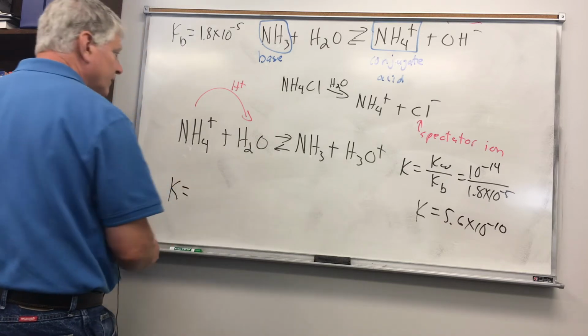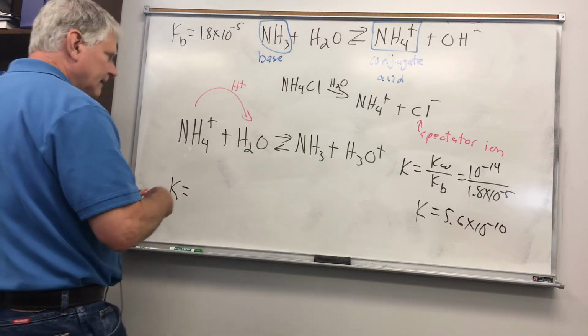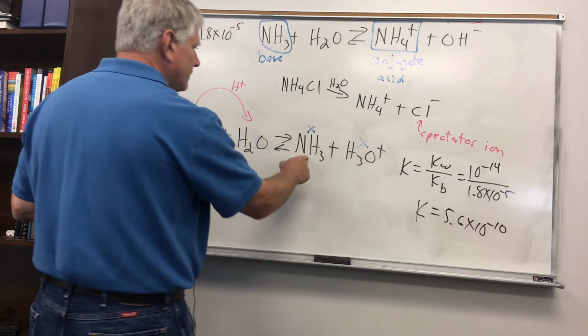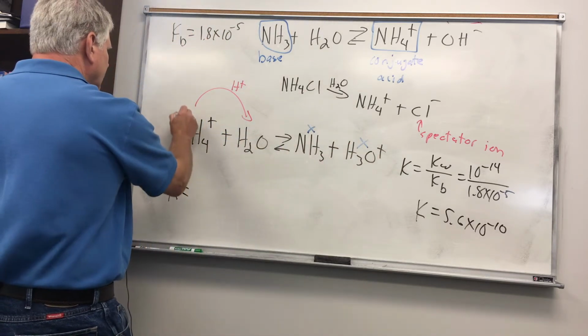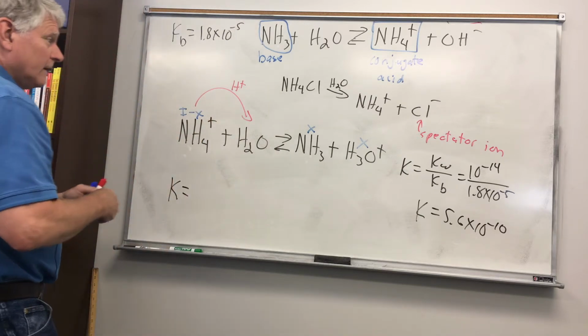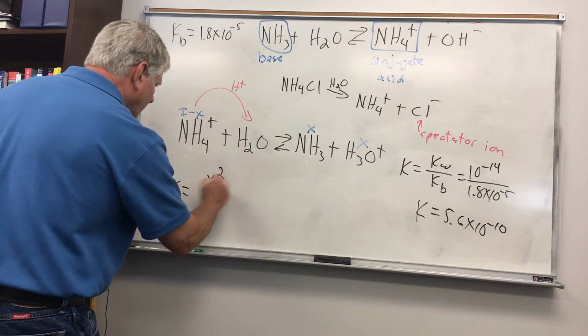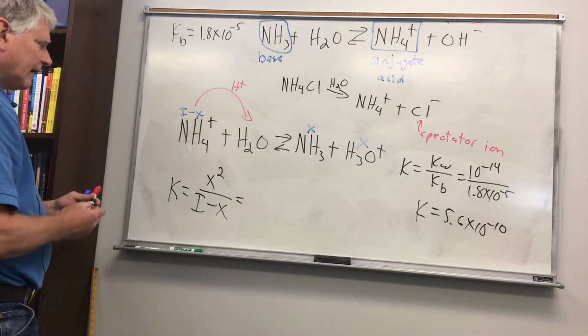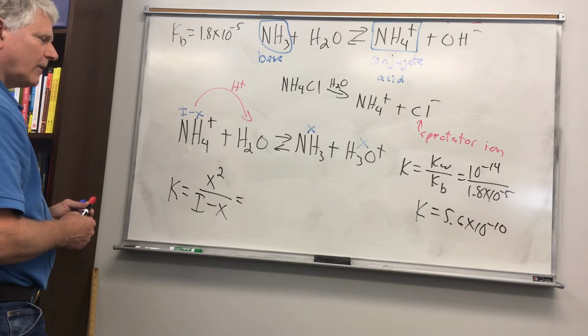So now I know the equilibrium constant for this reaction. So I can set up the equilibrium expression, letting X be the H3O plus concentration. So NH3 is X, and this is I minus X for NH4 plus. So I'll have X squared over I minus X, and I can solve for X from the quadratic expression.